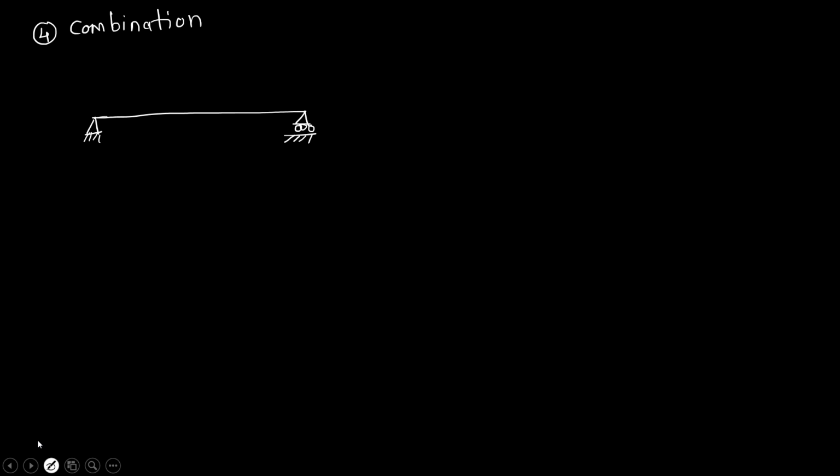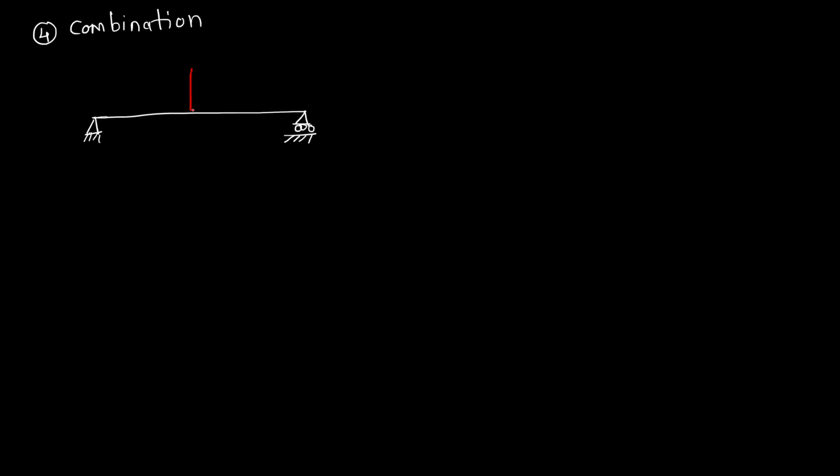Now the last one, the fourth one, a combination of the first three. Sometimes in a problem you can get a simply supported beam which is subjected to two types of loads.